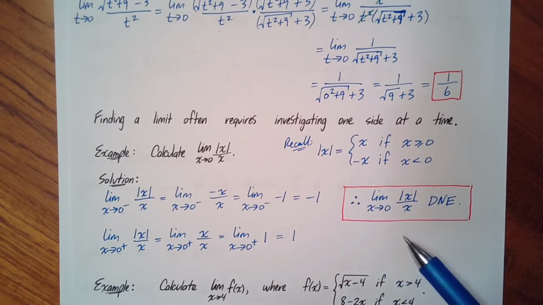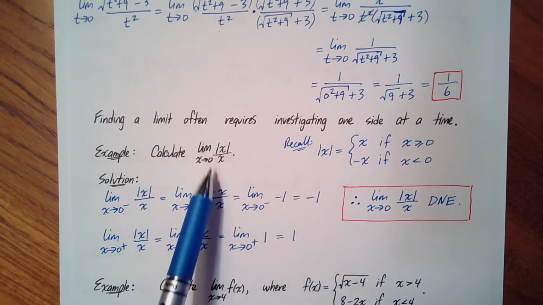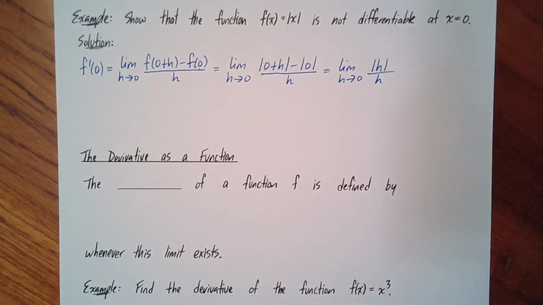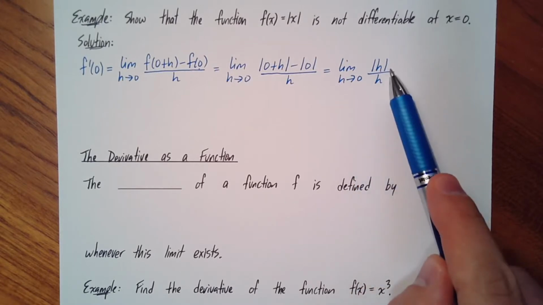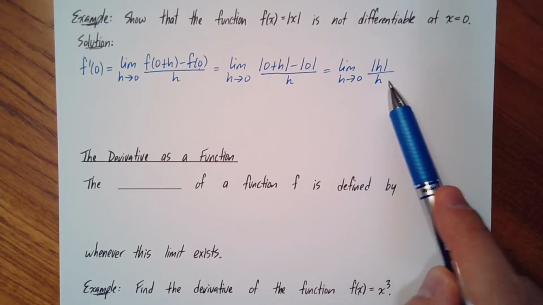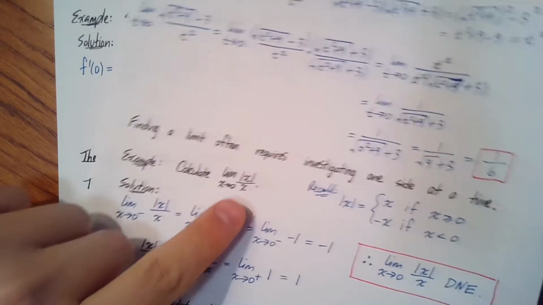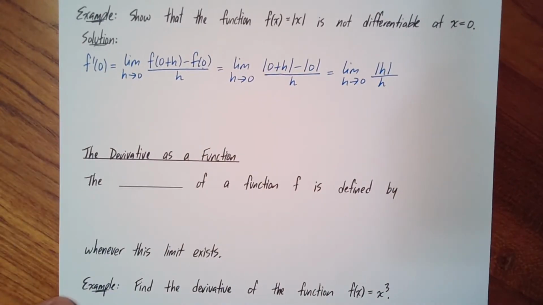And that's exactly what we did back here, the limit as x goes to 0 of the absolute value of x over x. What do we have here? The limit as h goes to 0 of the absolute value of h over h. It's the same limit with just a different variable. So whatever this limit resulted in is exactly what this limit is going to result in, which is that the limit doesn't exist.